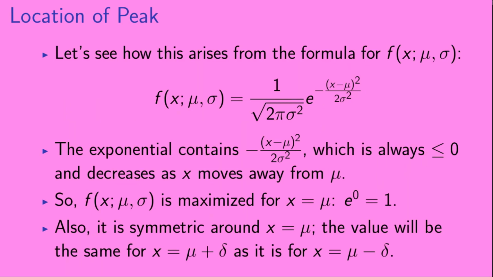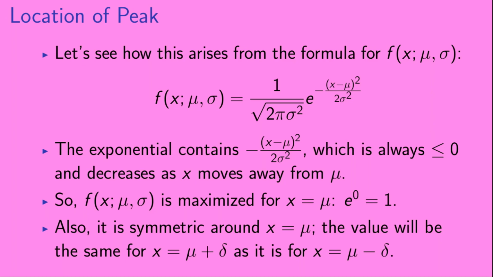So let's see how this arises from the formula for f of x given mu and sigma. The exponential contains minus x minus mu squared over 2 sigma squared, which is always less than or equal to 0 and decreases as x moves away from mu.